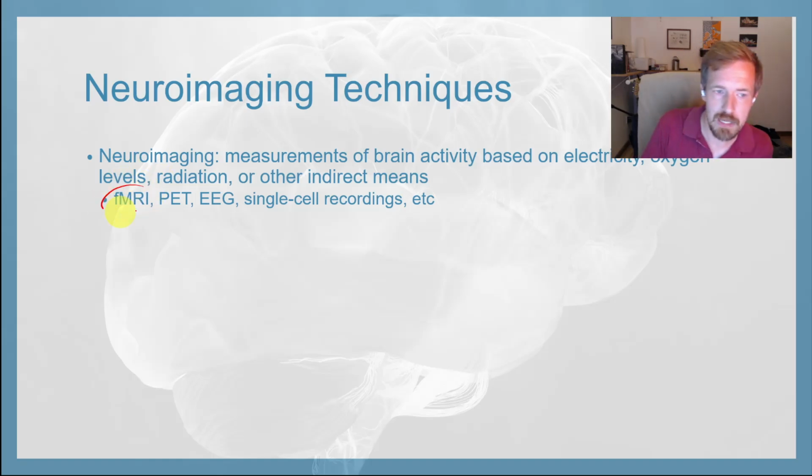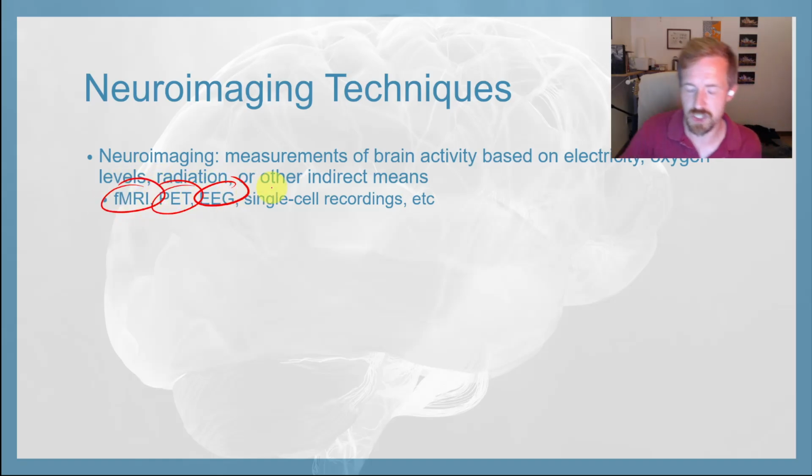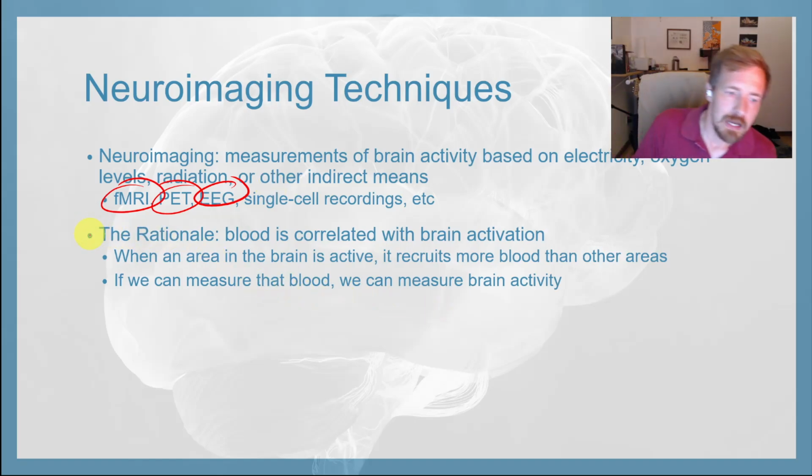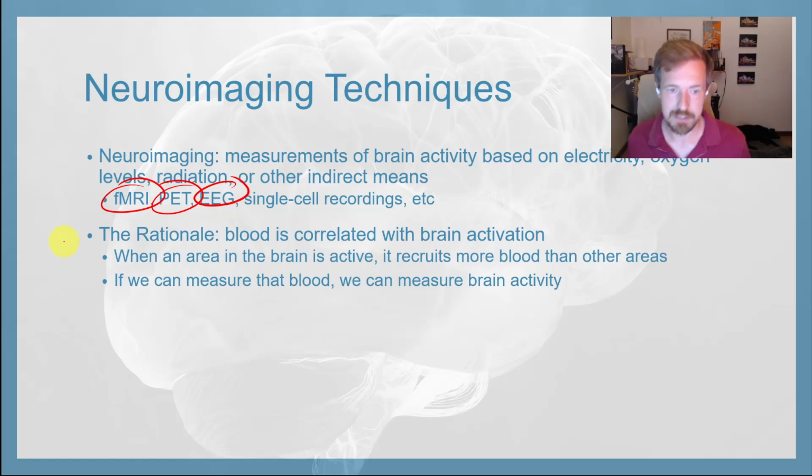So when we talk about MRI or PET or EEG, those are actually indirect measurements. So the rationale generally for these techniques is that if we can figure out where the blood is in the brain, then we can understand what parts of the brain are active. It makes sense, right? If you were to work out with a dumbbell just on your right arm, it's going to get a lot of blood flow because it needs blood flow to stay active and stay oxygenated.